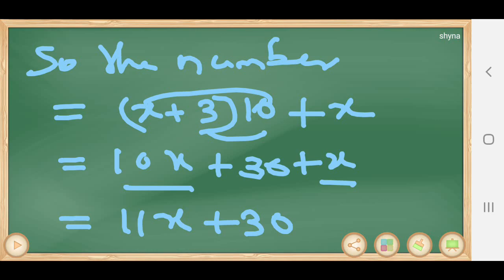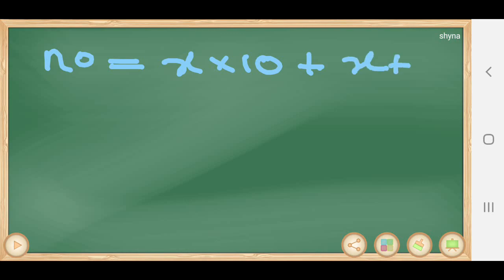Now, what is the next condition? You have to interchange the digits. First we considered x in ones place. While interchanging, x will be in tens place, and x plus 3, which was in tens place, will be in ones place.